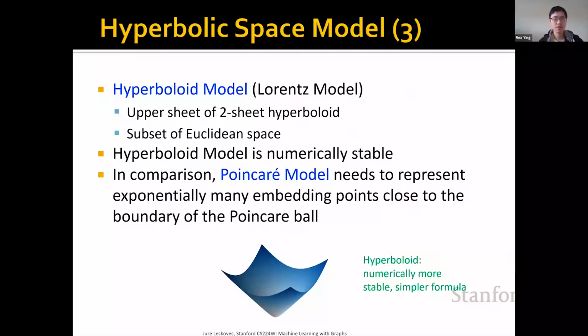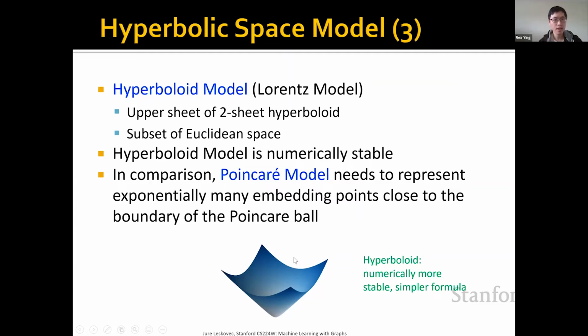We're going to introduce another alternative model of the hyperbolic space, which is called the hyperboloid model, also called the Lorentz model. This is basically the upper sheet of a two-sheet hyperboloid, visualized in the figure below, and this is also a subset of Euclidean space.